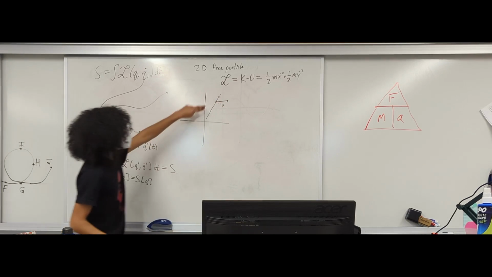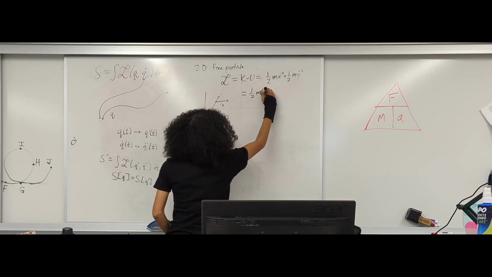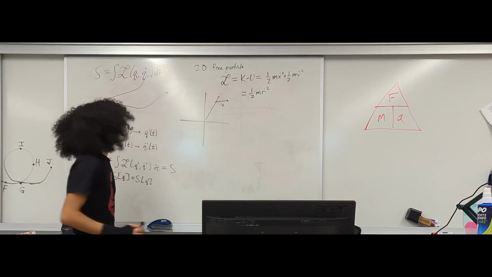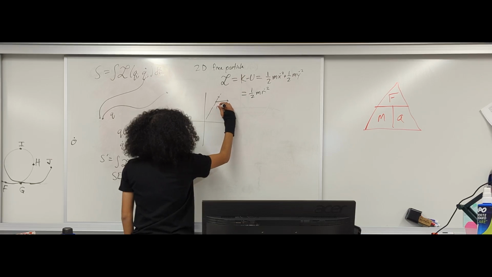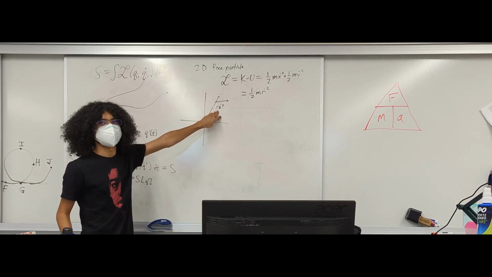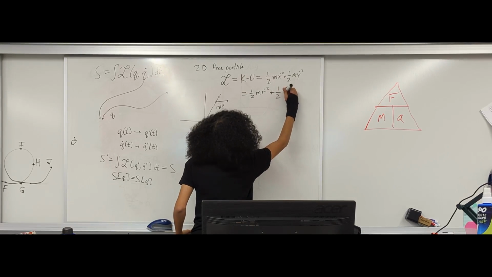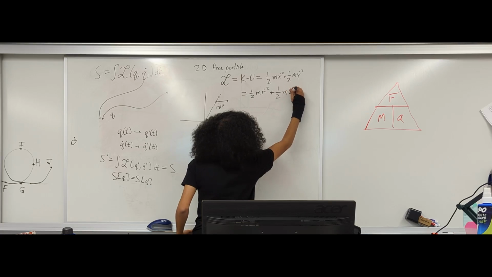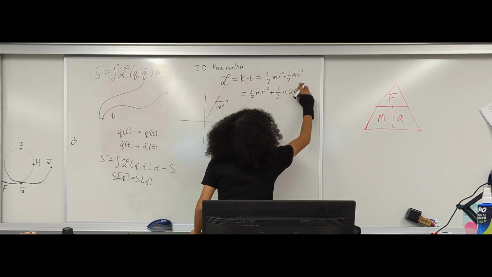And so the radial part will be r dot, so we get this. And the angular part will be r times theta dot. So this is like v equals r omega. So that would be this, and we could then expand that.